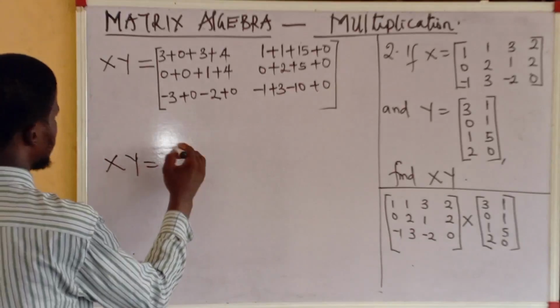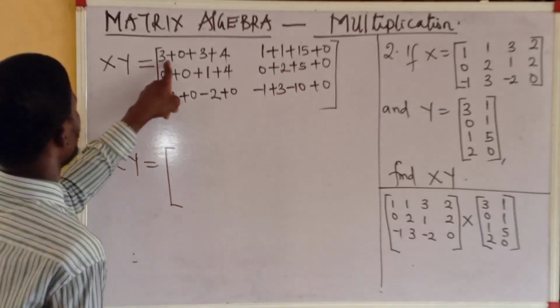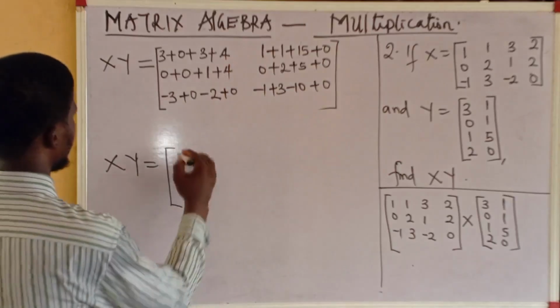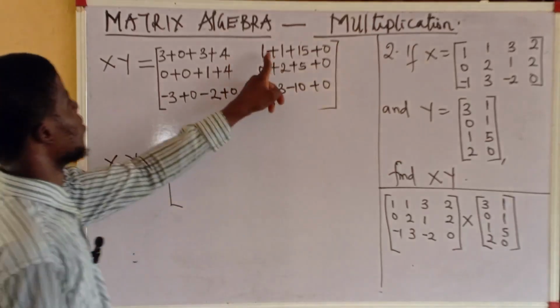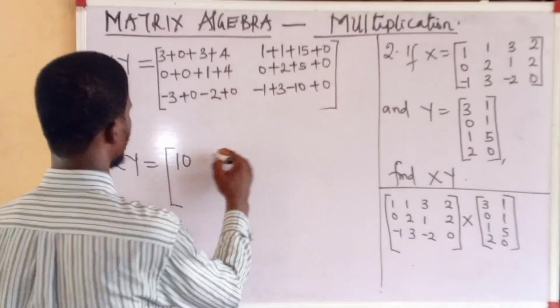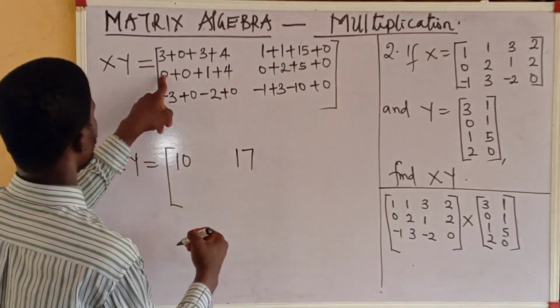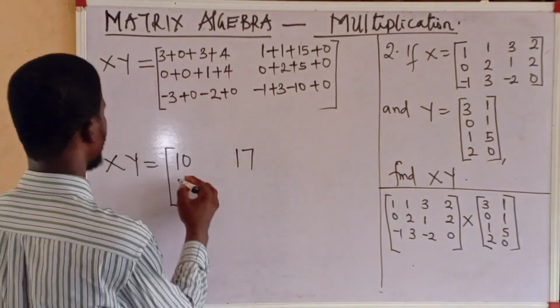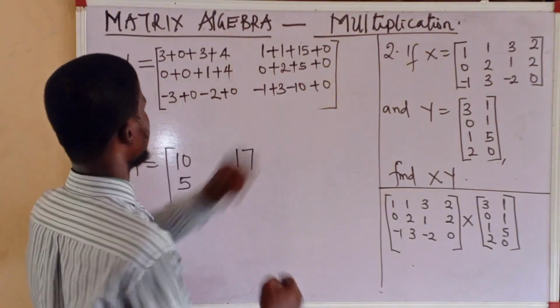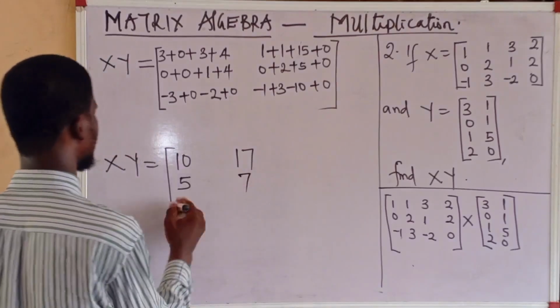xy is this. 3 plus 3 plus 4, that's 10, right? 10. 1, 2, 17. 0, 0, 1, 5, right? 2, 7. I'm adding them up now.